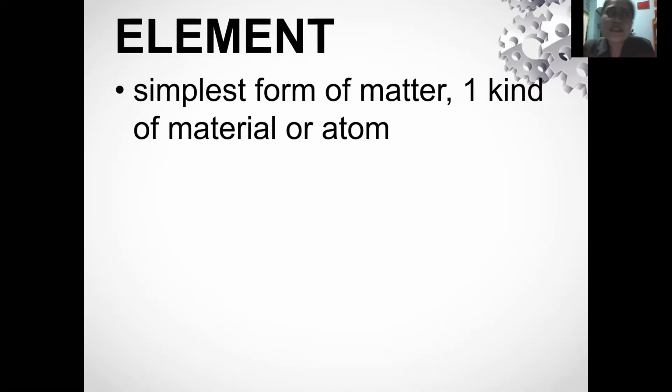Non-metals are poor conductors of electricity and heat. Carbon is an example of a non-metal. Most of our non-metals are found on the upper right corner of the periodic table of elements.